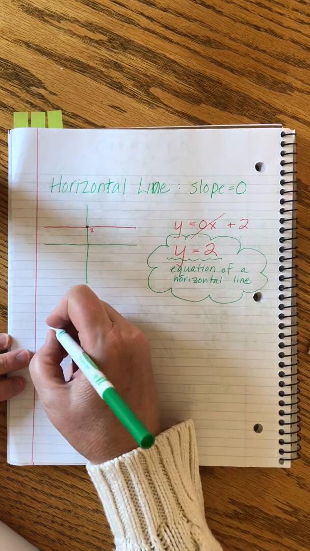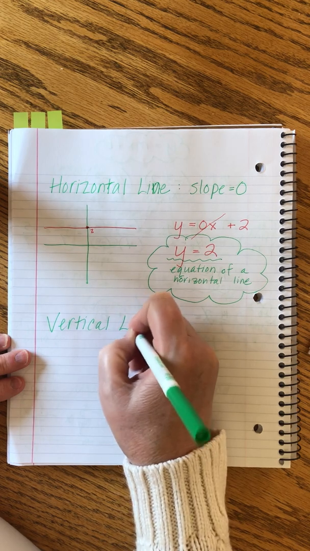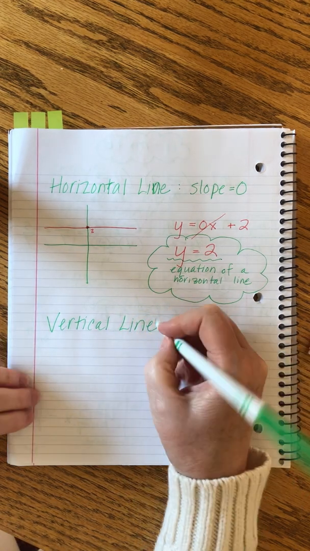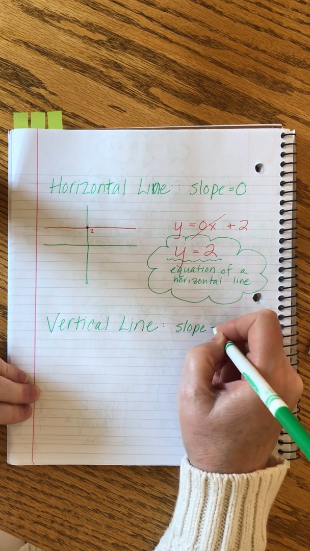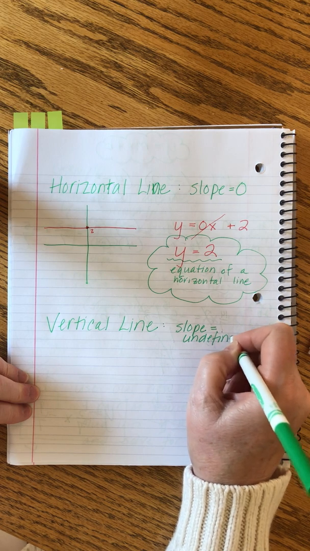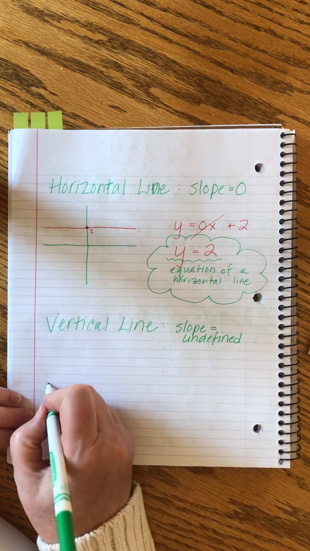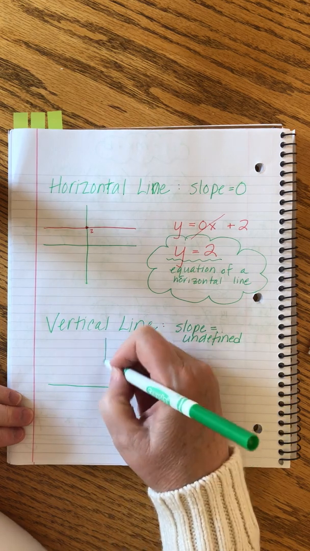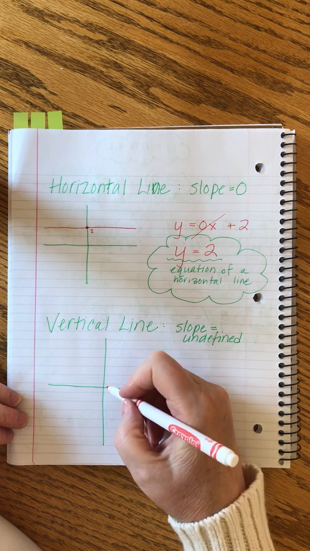Okay? A vertical line has a slope that is undefined. Whoa, that is something different, isn't it? So we don't have what's considered a normal slope at all.